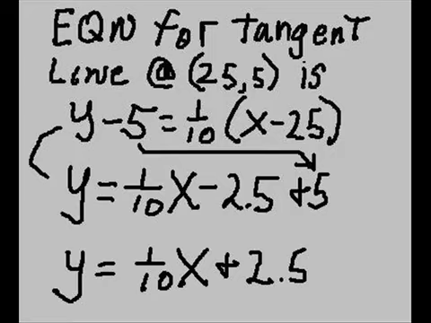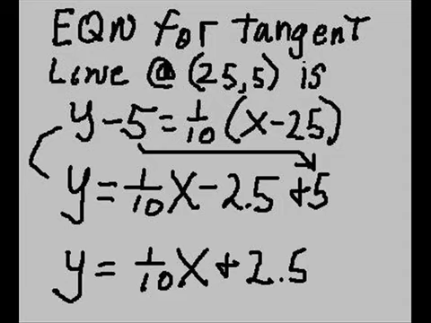Well, we add 5 to both sides, and what do we get? Y equals 1/10 times x is 1/10 x. 1/10 times negative 25, well, just move the decimal spot back 1 point, and you got negative 2.5.